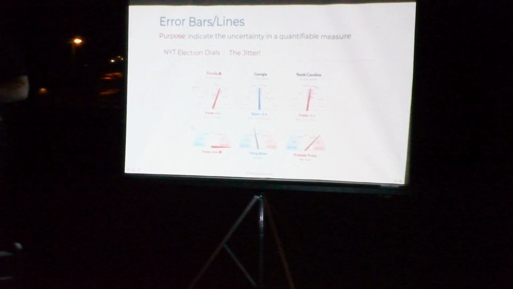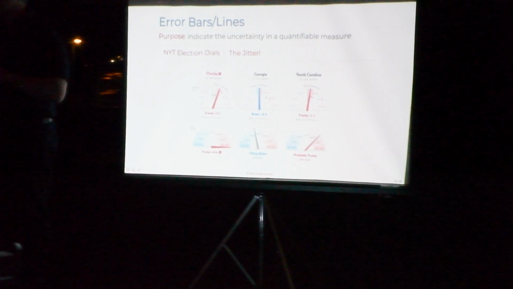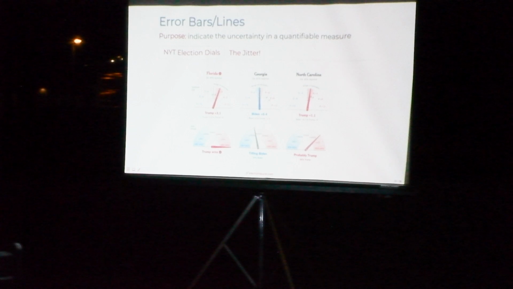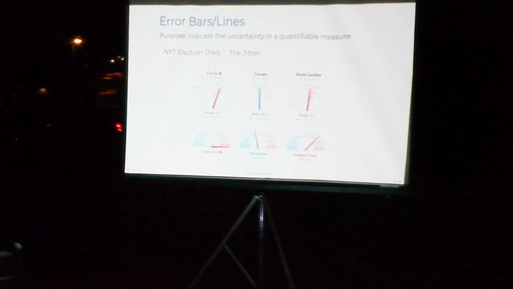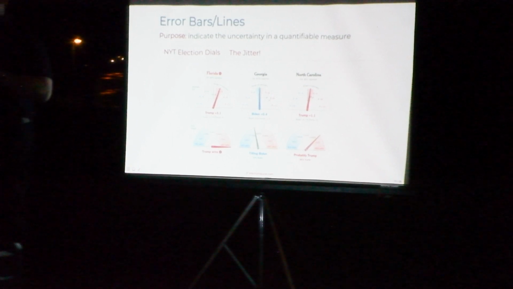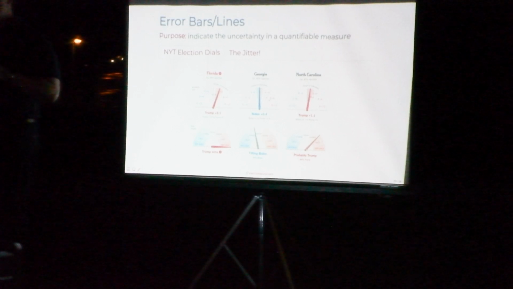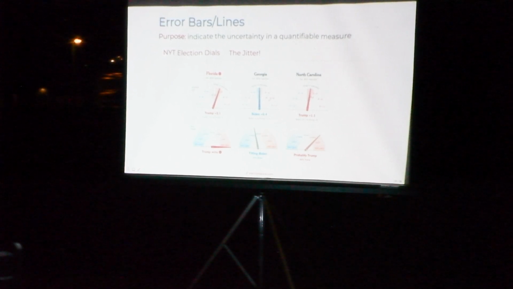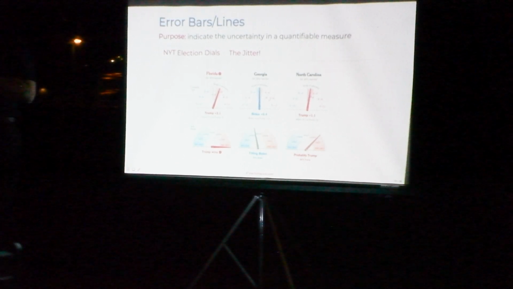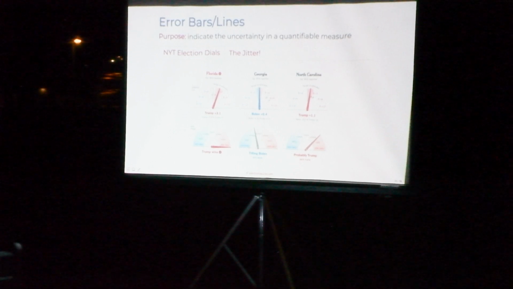So let's think about error bars and lines. I'm going to have to actually just crouch down and click the next one. But anyway, the purpose in this case is to indicate some level of uncertainty in a way that's quantifiable. Dials are great. We know dials a lot because they're basically a dashboard plot, because they come from our car dashboards, right?